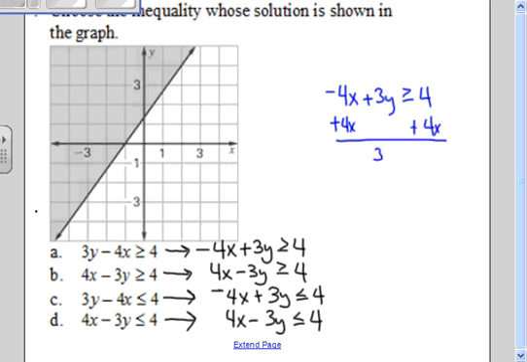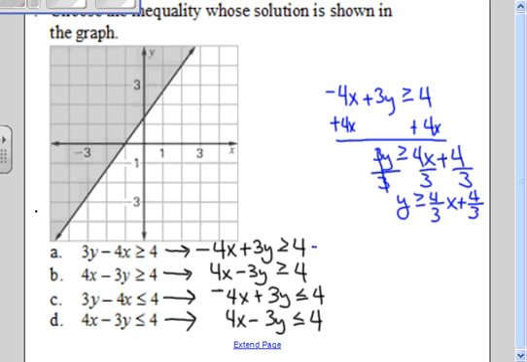So 3y is greater than or equal to 4x plus 4, and divide all 3 terms by 3. So y is greater than or equal to 4 thirds x plus 4 thirds.